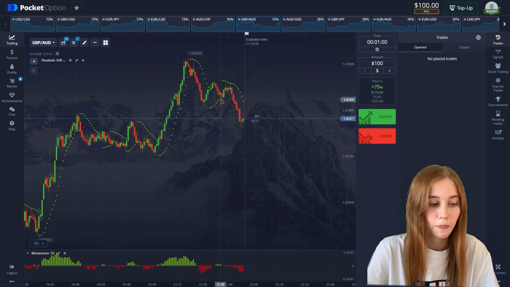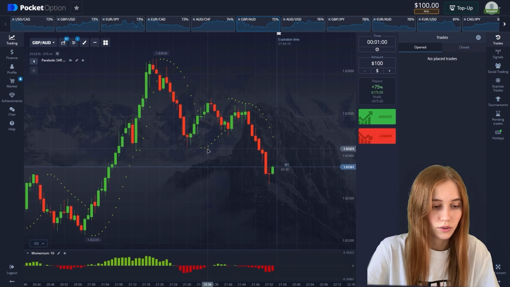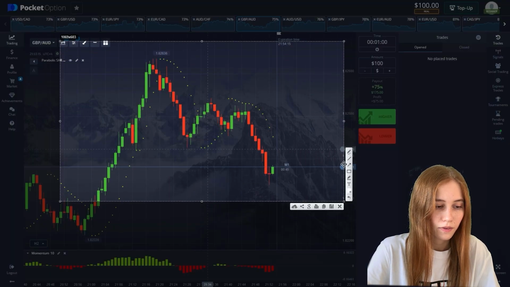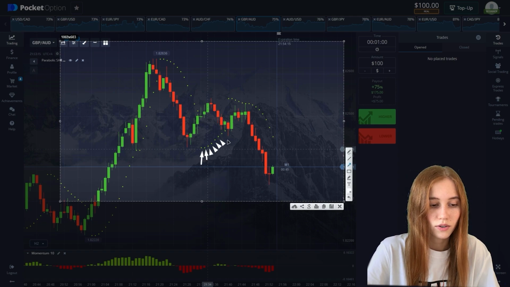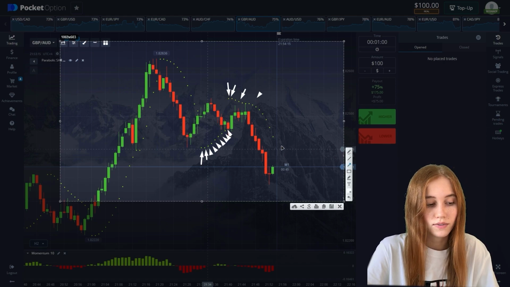Let me explain. You see points here. When the chart intersects these points, the trend is changing. Let me zoom. You have 1, 2, 3, 4, 5, 6, 7, 8, and here there should have been 9, but since the chart went down, the 9th point intersected, and after that the dots began to form above.